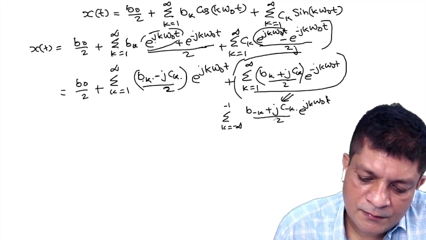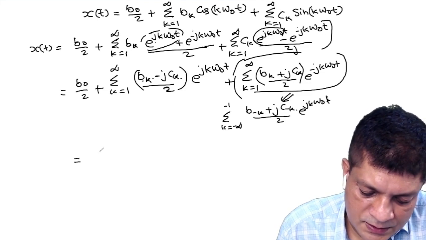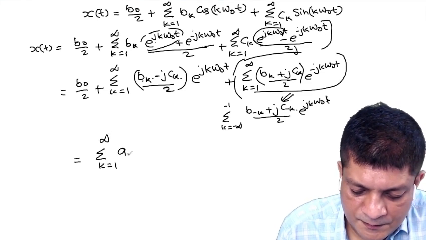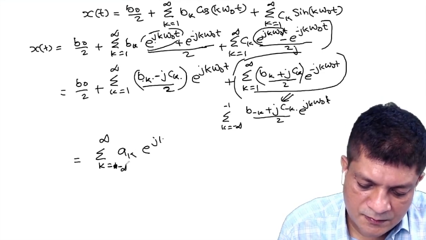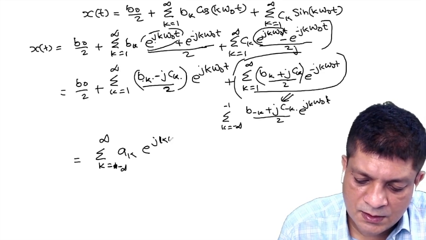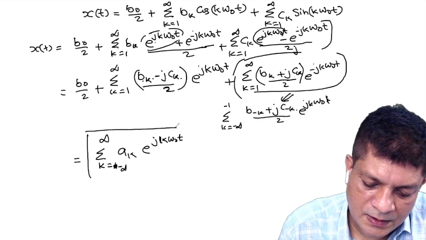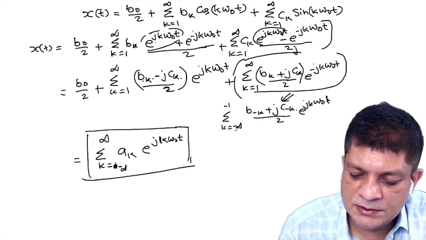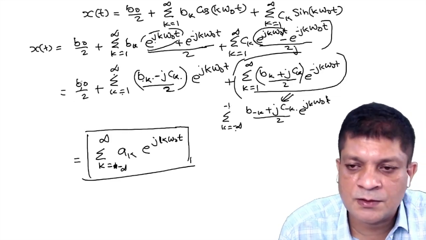Okay, now we can combine all these summations. We can write it as, from minus infinity to infinity, e raised to j k omega naught t. Can we write like this? This summation is from minus infinity to minus 1. This is from 1 to infinity. There is a constant term.